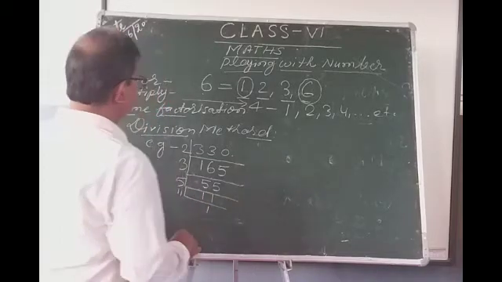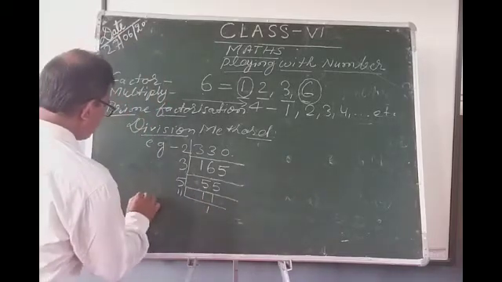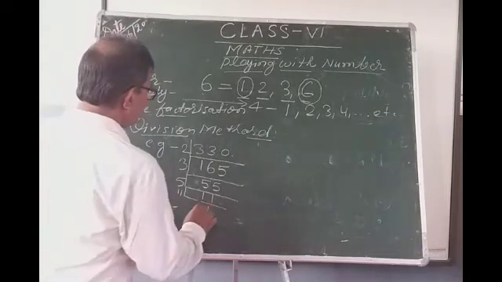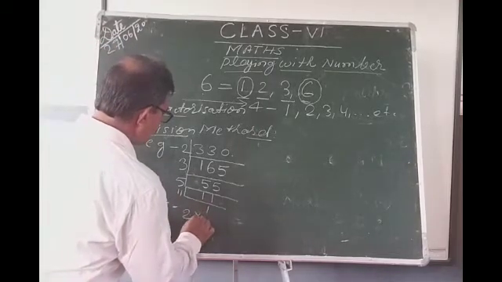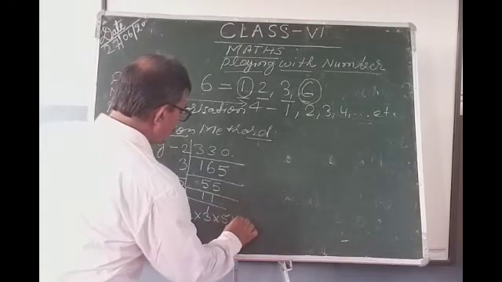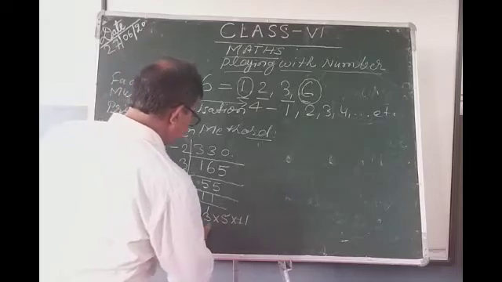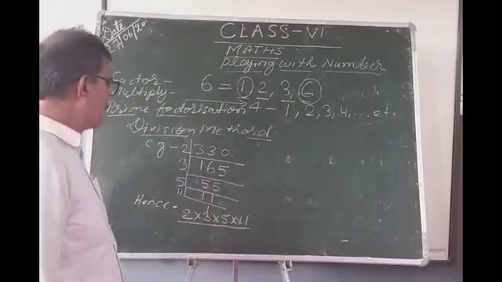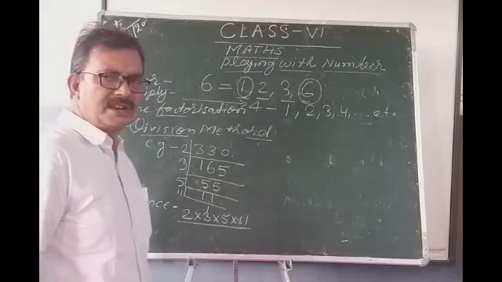Hence 2 into 3 into 5 into 11. These numbers are the prime factors of 330.